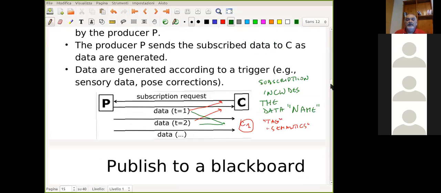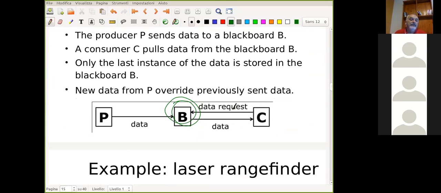And there is no queue, just the last item, typical for example for a laser scanner. You're probably not interested in the history of all data given by the proximity sensor, just the last one. So they are posted here.